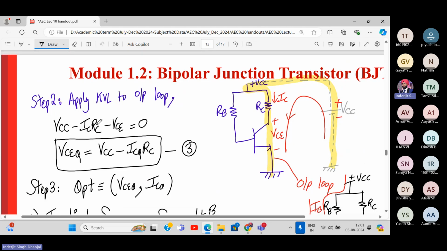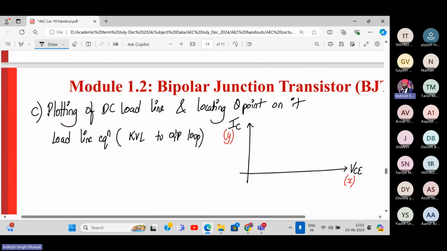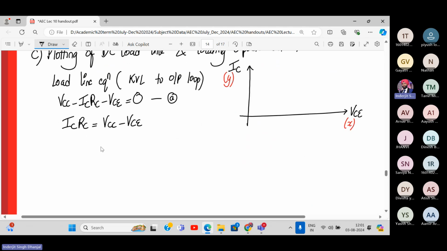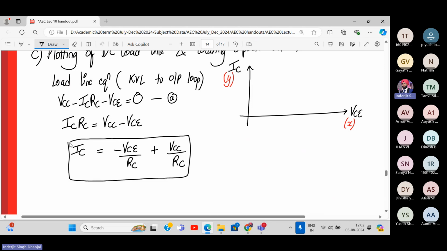Let me write that again: VCC minus ICRC minus VCE is equal to 0. Let me call this equation A. Now we can write ICRC is equal to VCC minus VCE. Now we can write IC is equal to minus VCE upon RC plus VCC upon RC. So this is my expression for IC.